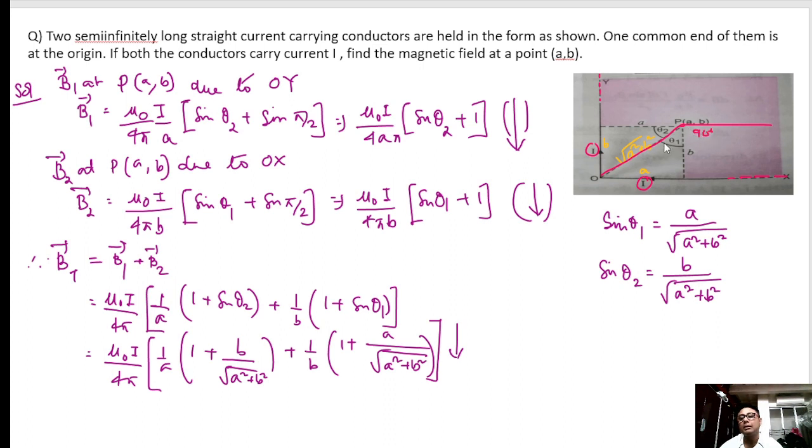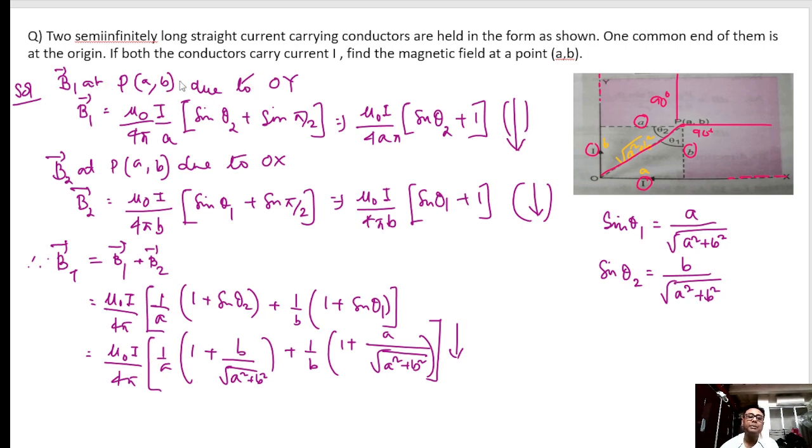One will make theta 1 and one makes 90 degrees. Similarly, for this wire, one end makes theta 2 and the infinite one makes 90 degrees. For this wire the distance is B, and for this wire the distance is A.